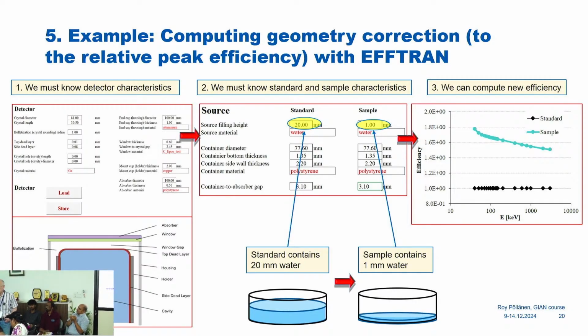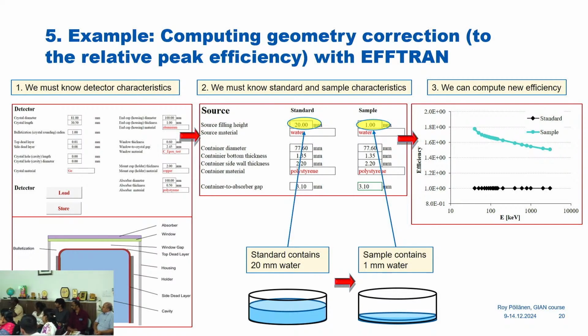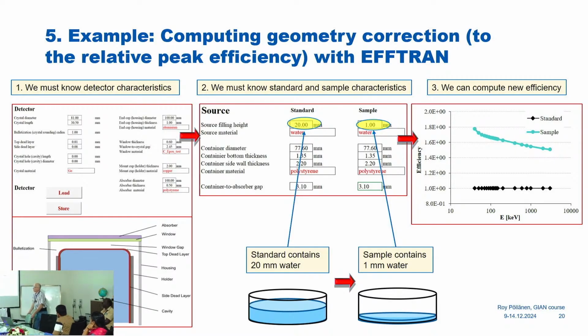No, it's practically right on the window, but this distance, I mean the distance between the active part of the detector and the source itself, is very important in terms of efficiency.